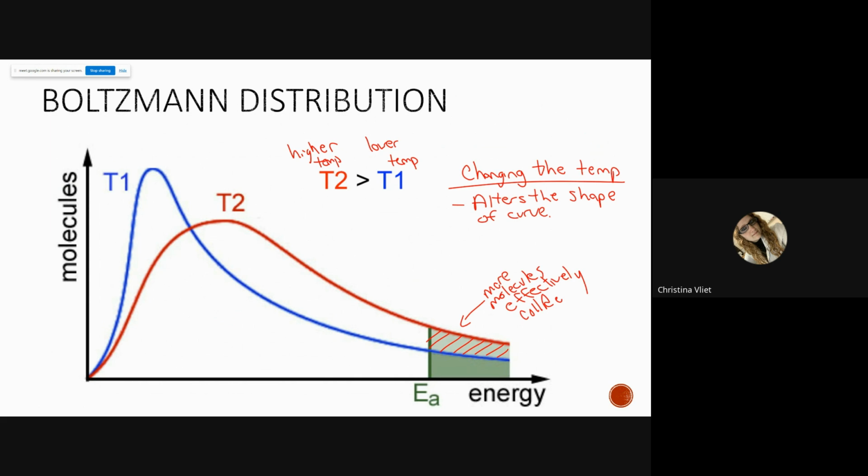It lowers the peak, and the peak is at a higher energy, right? So it lowers the top of the peak. It basically flattens it out. But it lowers the peak, and the peak is at a higher energy.